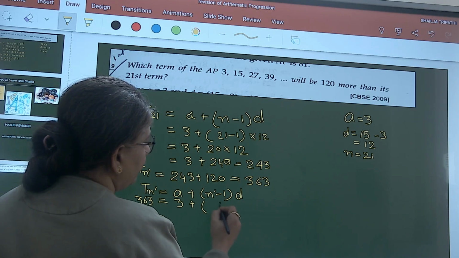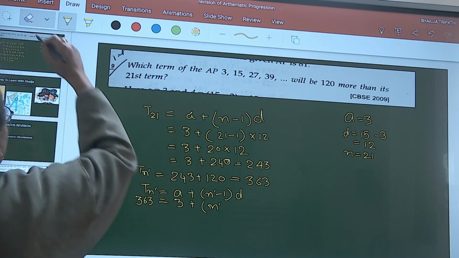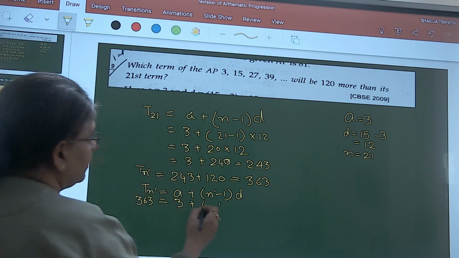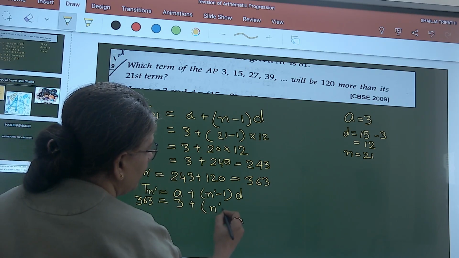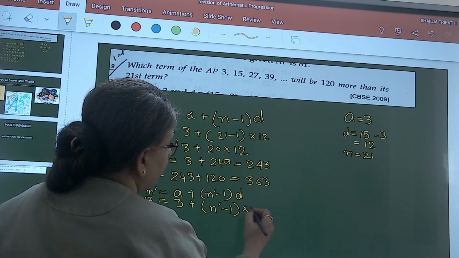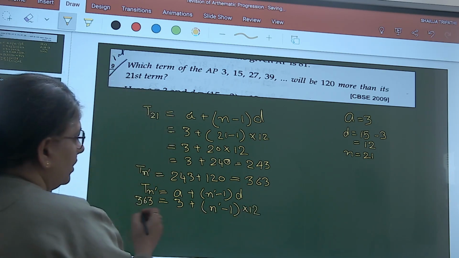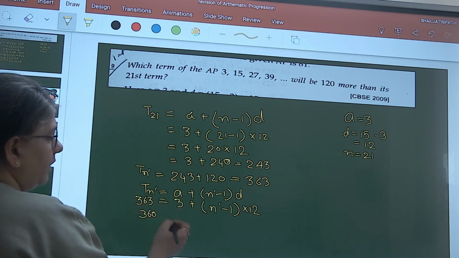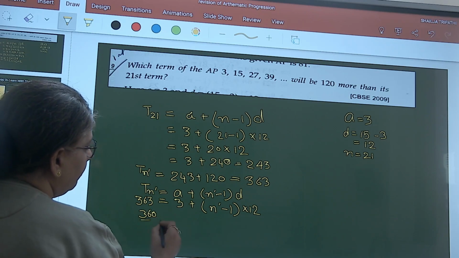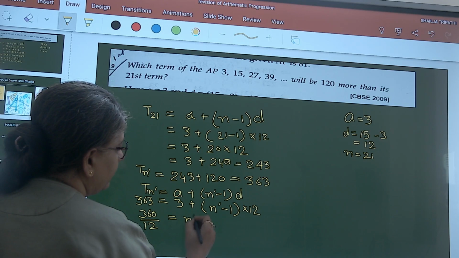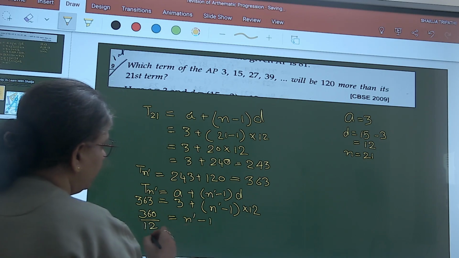So n dash minus 1, and d is again 12. So we'll solve it. So we get here 360. 3 will be subtracted, then divide by 12, and we get n dash minus 1 equal to 30.